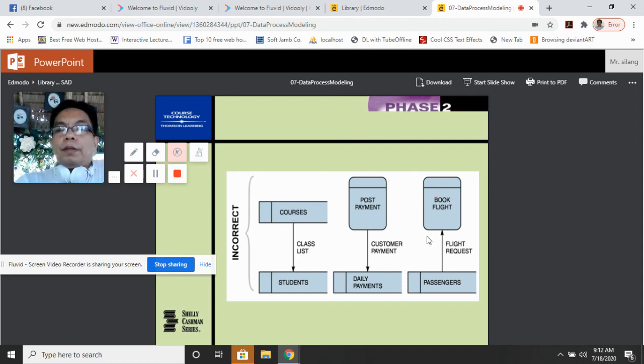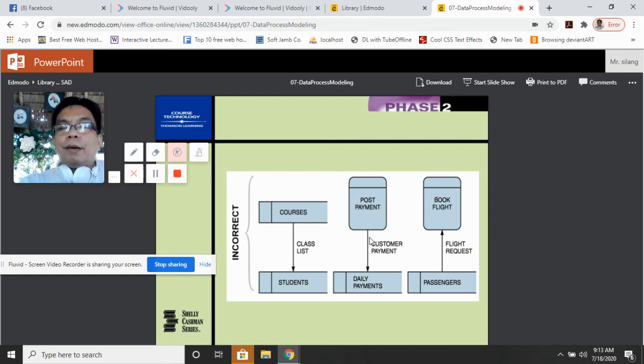For the next two diagrams, we have a process and then it is stored to a data store. Here we have a data store, and we read from the data store as an input for this process. But you notice that for the data store, there should always be an input and an output.